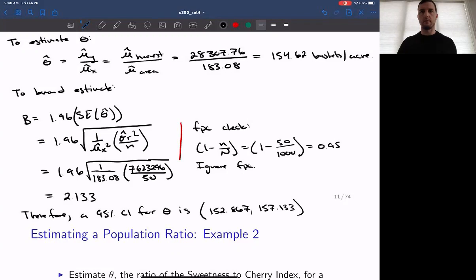All right. So now we've seen the derivations of the expected value of the estimator and the variance of the estimator when we are interested in estimating the population ratio. And we've seen an illustration of how we would go about estimating the population ratio from a simple random sample.